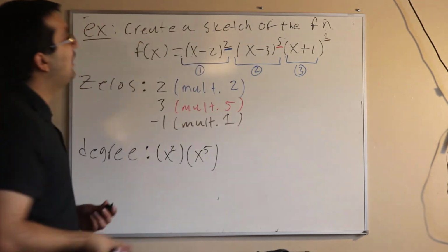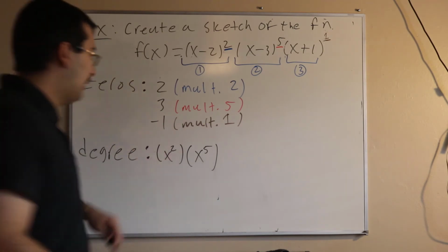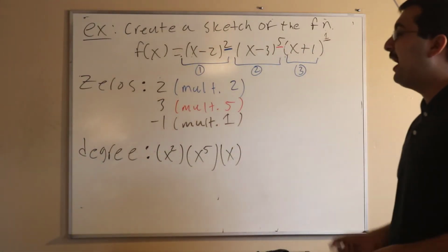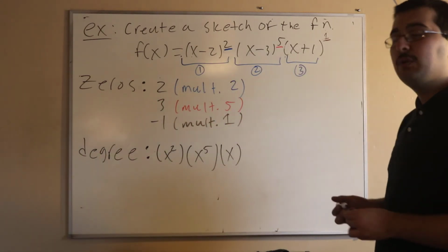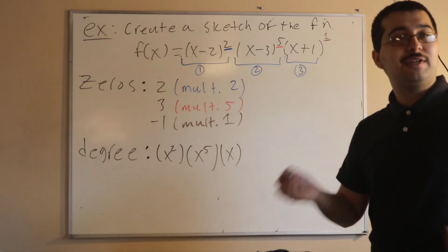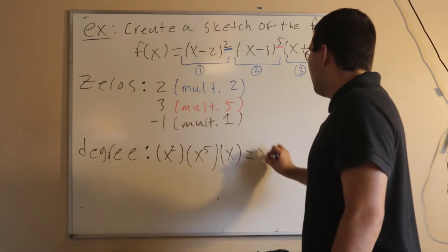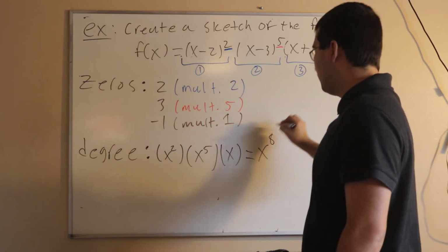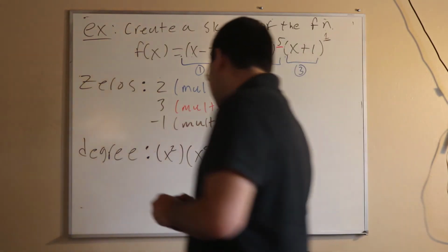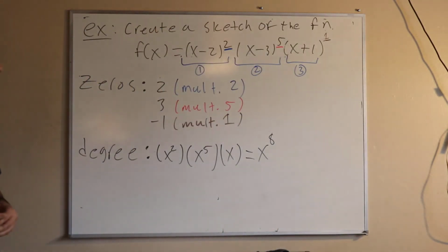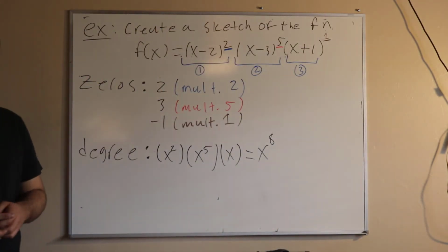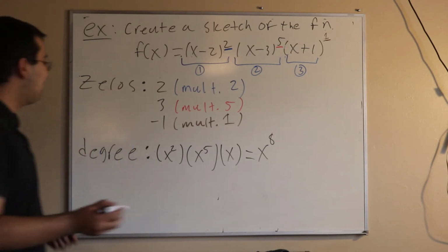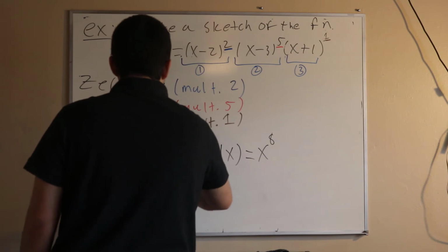And then lastly, for that x plus 1, the highest power there is just that x. So here will be the 3 highest powers produced from each of my equations. And so if I multiply all these together, I get an x to the 8th. And so that's how I can easily identify that the degree of my polynomial function is 8.